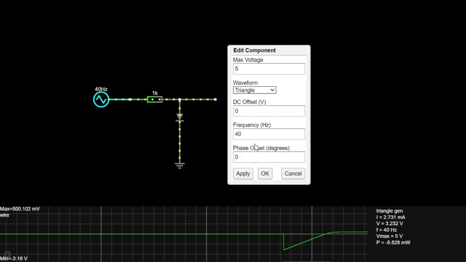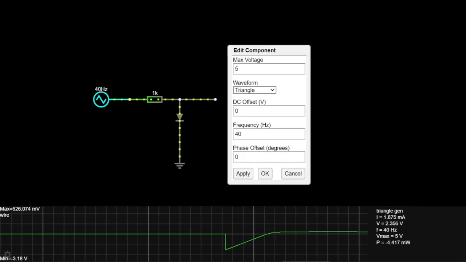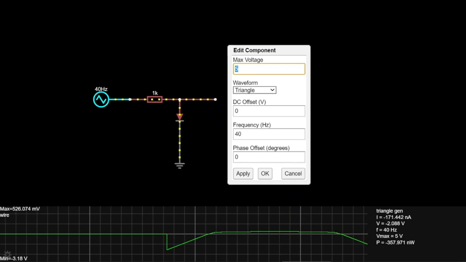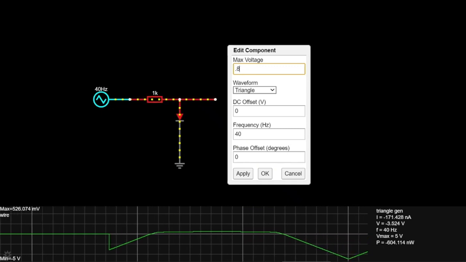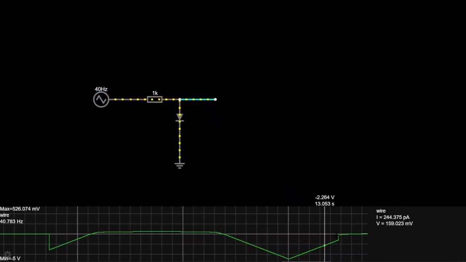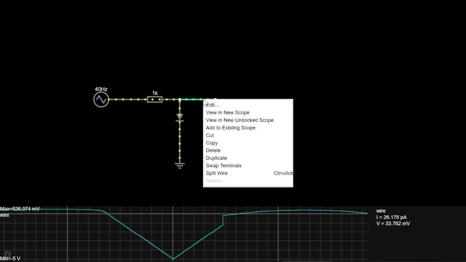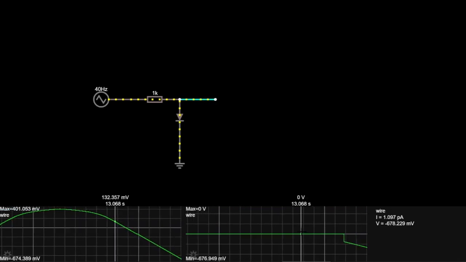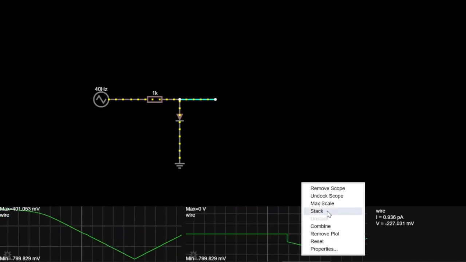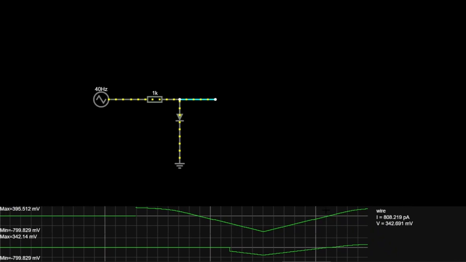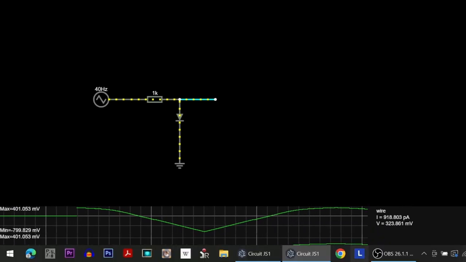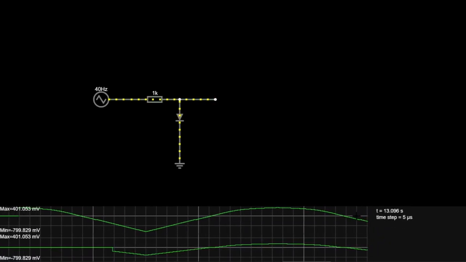Okay, and we have to put it in. So it's gonna be like that. Yes, and we take max scale and we take also this in a new scope and we stack them up.